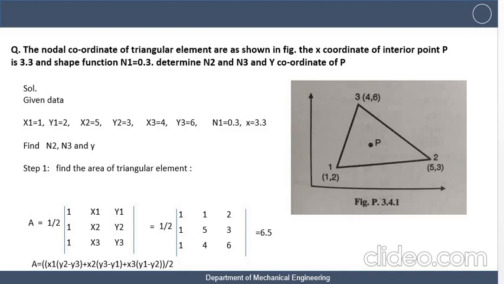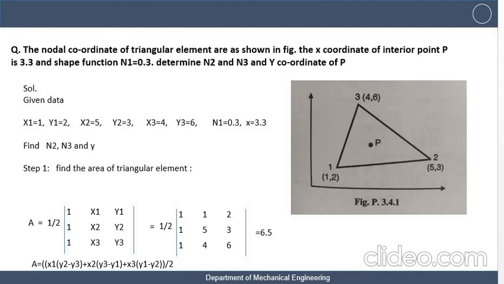Then the area formula is x1 (y2 minus y3) plus x2 (y3 minus y1) plus x3 (y1 minus y2), the whole divided by 2. After solving this equation, you will get the area, which is 6.5.